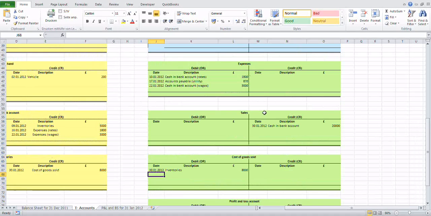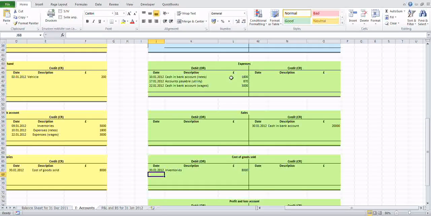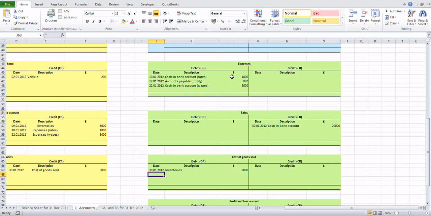Let's start with the expenses account. The expenses account, the first one coming up here, and we want to calculate the balance which goes towards the profit and loss account. Now, how do we do that? Basically, we need to subtract the smaller side of an account, in this case the smaller sum, the smaller totals of the values, from the larger side.